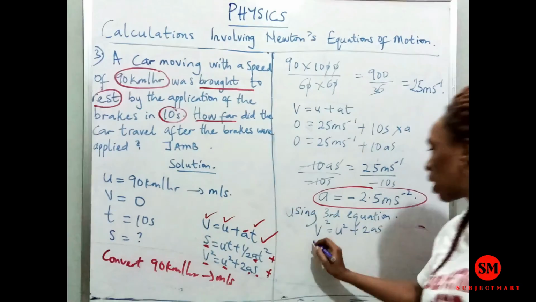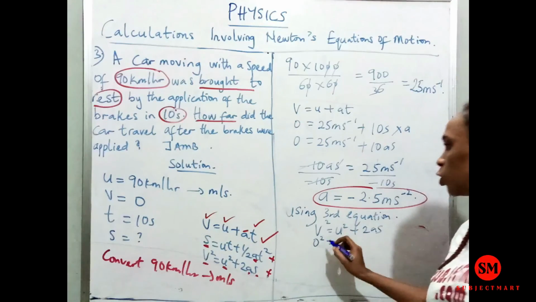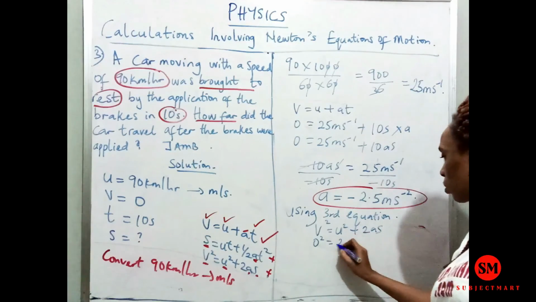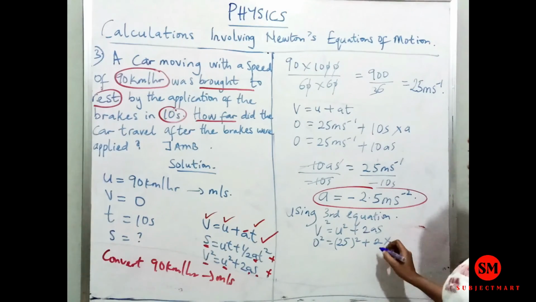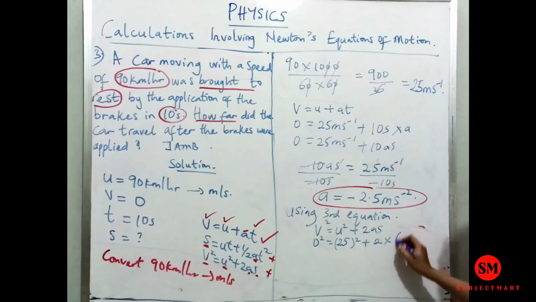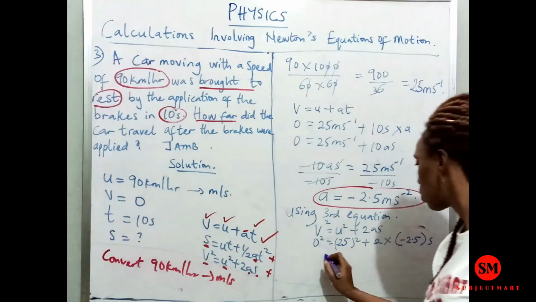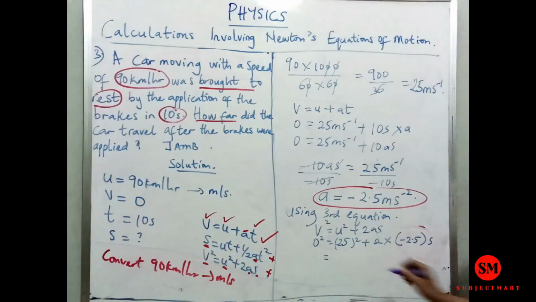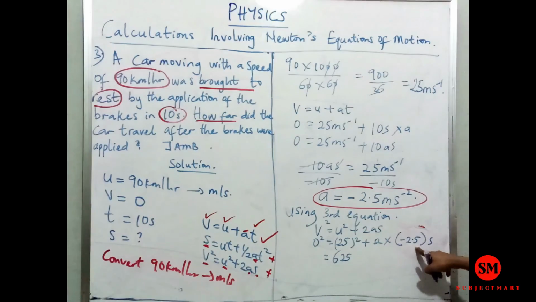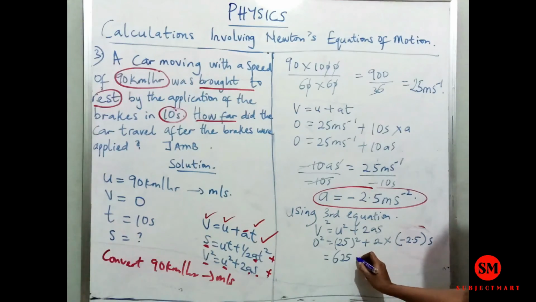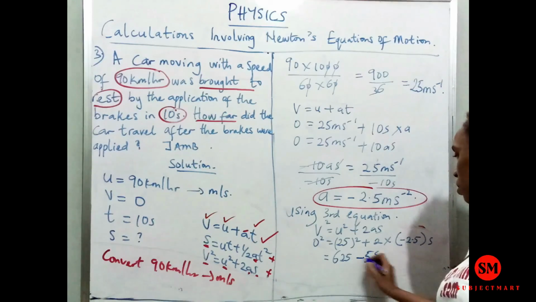So our v squared is 0, plus u squared, 25 squared, plus 2 times minus 2.5 s. So 25 squared is 625. This will give us minus 5s.